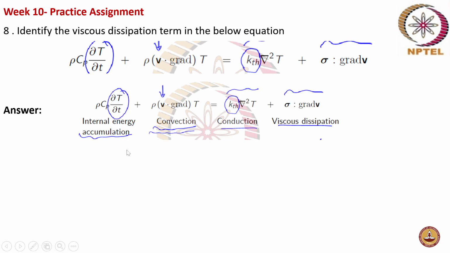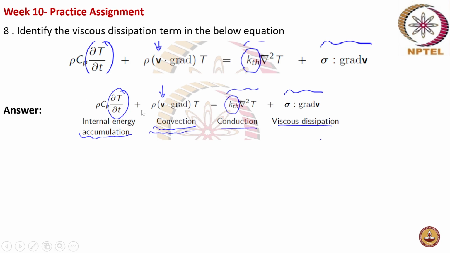The first term is actually internal energy accumulation. This is an energy balance equation. Capital T represents your temperature, Cp represents your specific heat, rho is the density, V is the velocity, and kth is the thermal conductivity.